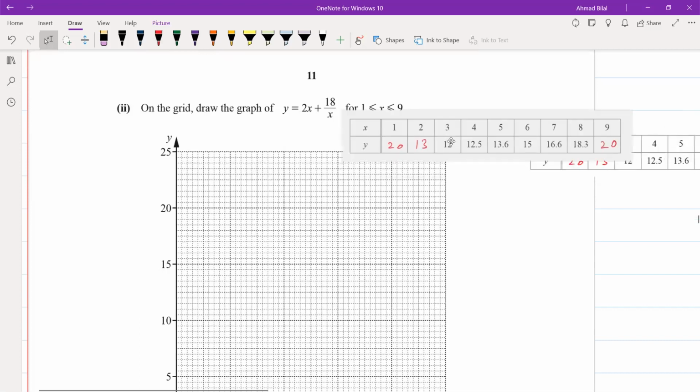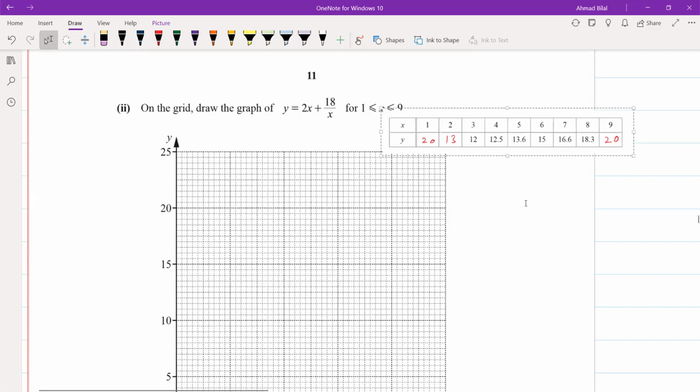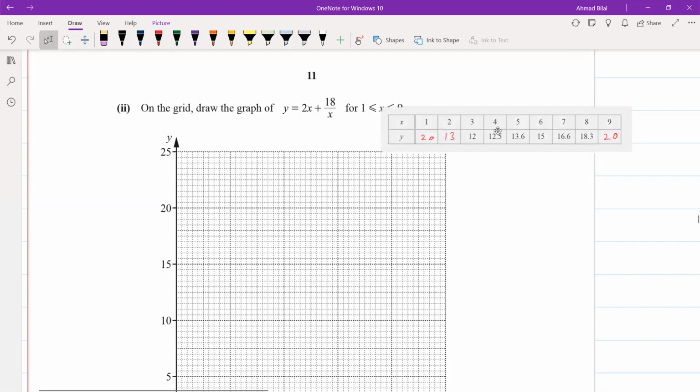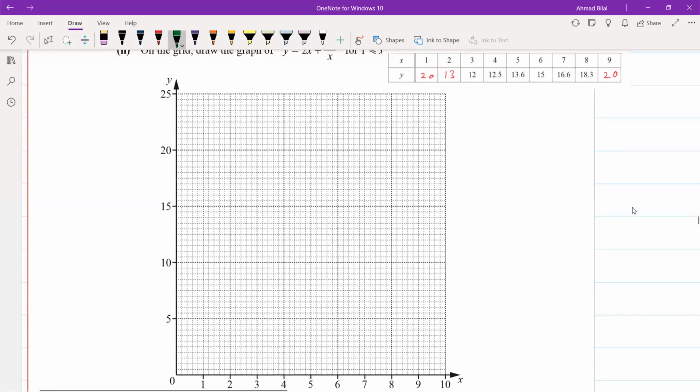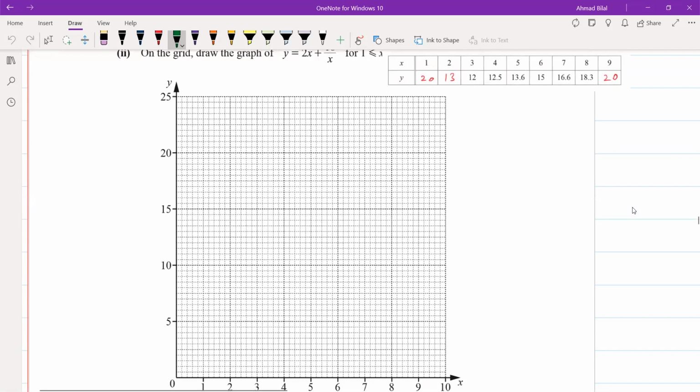So these are the points that we have. Just plot them, then join them with a curve. So when x is 1, we've got 20, so that's one point here. X equals 2 and y 13, that's here.